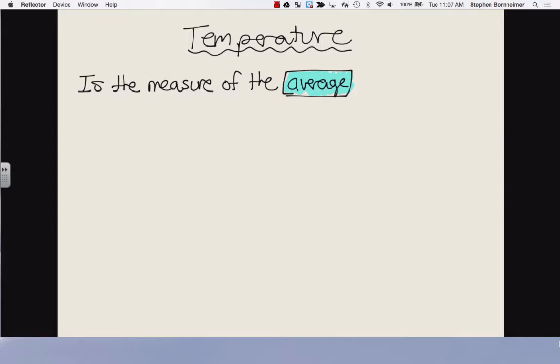It is the measure of the average kinetic energy of the, you know what? I don't think I'm going to be able to fit the word atoms there, so let's move it down. Of the atoms/molecules. Okay, like water, for instance, is a molecule. Okay, in a substance or object.